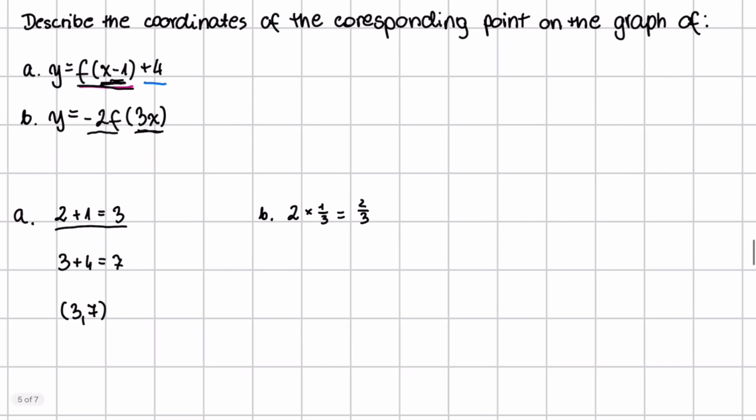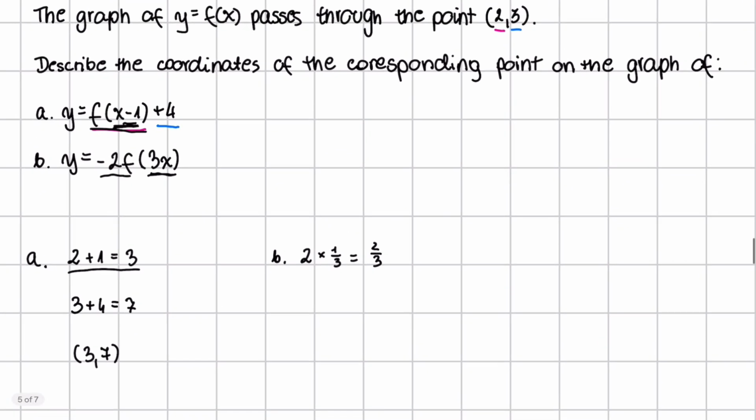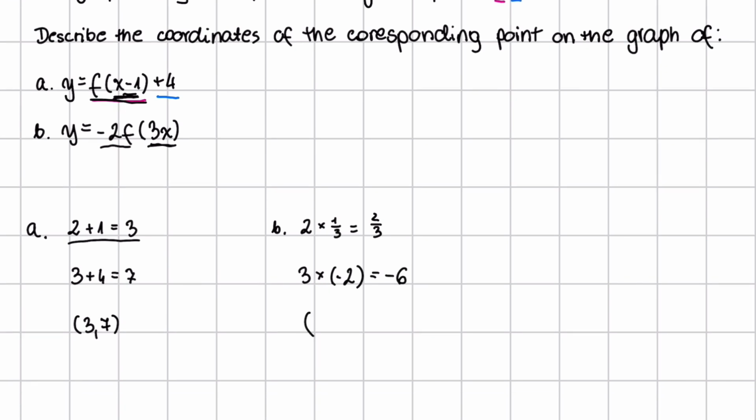So in other words, we just need to multiply our 3 from our starting point times minus 2, and this is minus 6. So our new point is 2 over 3 and minus 6.